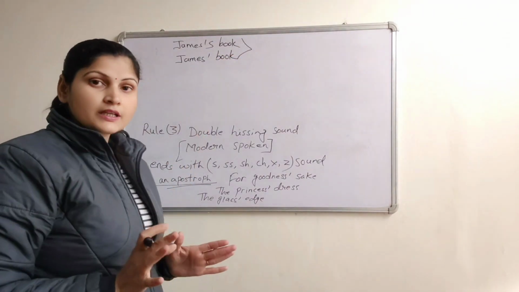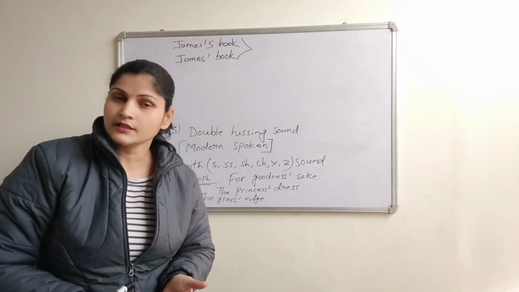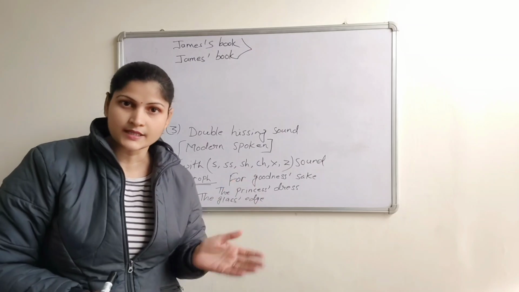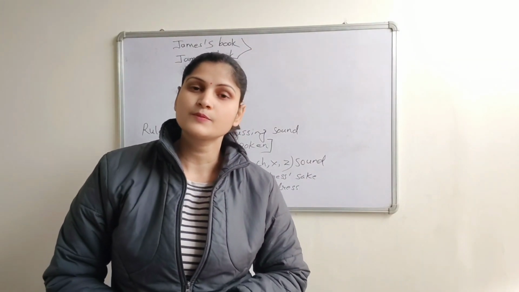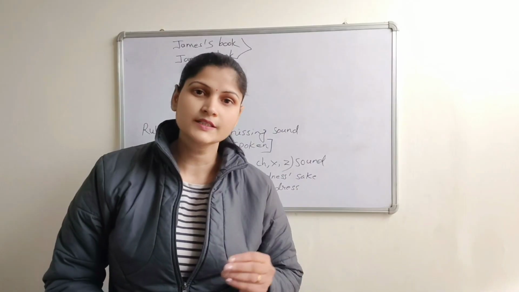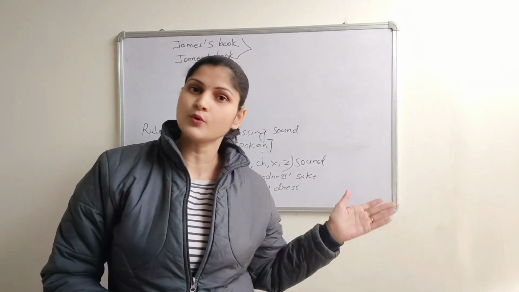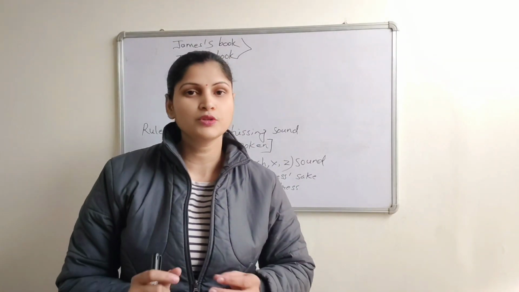Both are grammatically correct. However, within one answer or paragraph, you must not mix the styles. Why did I mention mainly modern spoken English? Because in speech, people naturally avoid saying James's book. So, James' book sounds smoother.